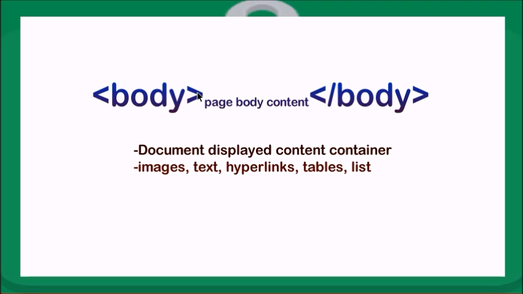Let's look at the last tag, which is the body tag. This element also has an opening tag and a closing tag. This element is the container of all the contents that are going to be displayed to our users or to our site visitors. Contents such as images, text, hyperlinks, tables, and lists.